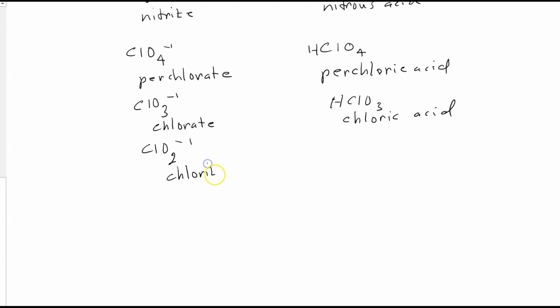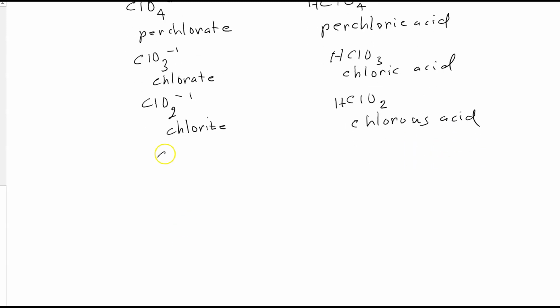I'll just finish these off, and the ClO2 with a -1 is chlorite, ITE. So HClO2 is chlorous acid. And of course, ClO with a -1 is hypochlorite.